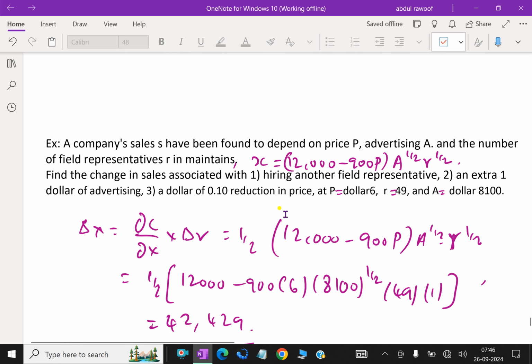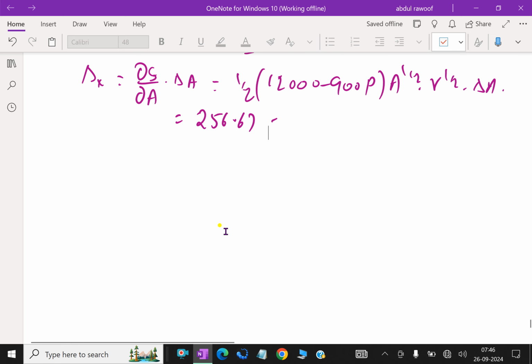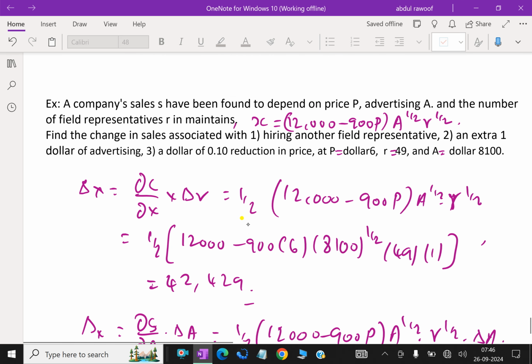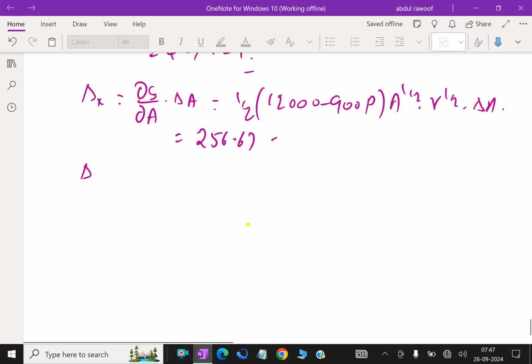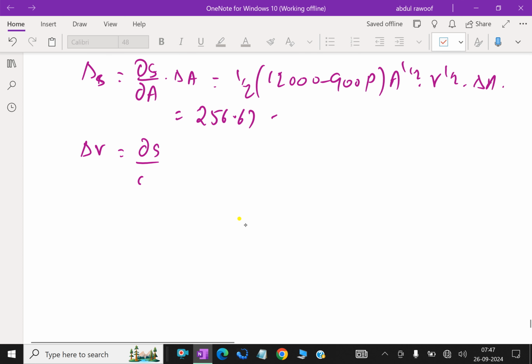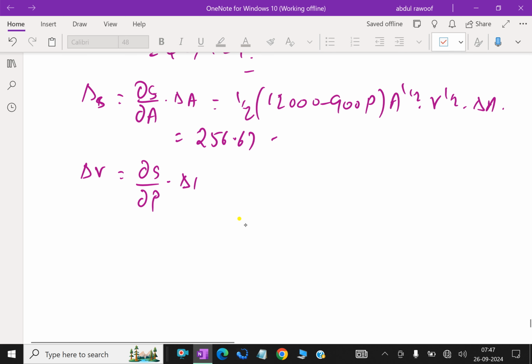By using these values given here, next is delta R. Delta R equals partial S by partial P into delta P, which gives minus 900 A to the power half R to the power half dP.